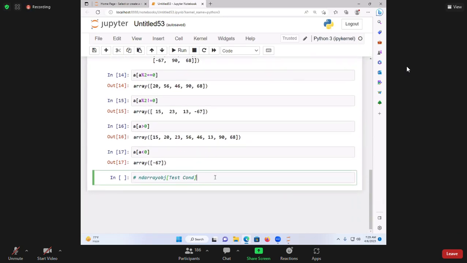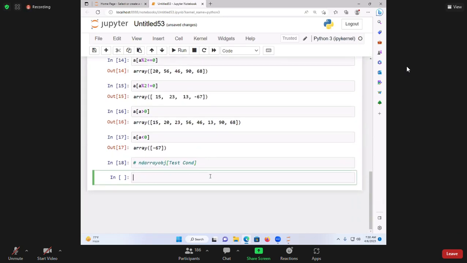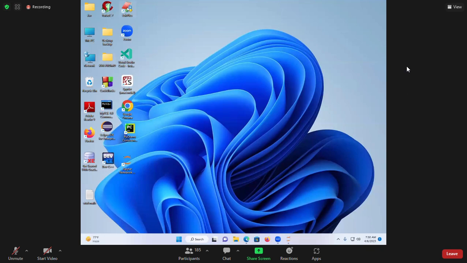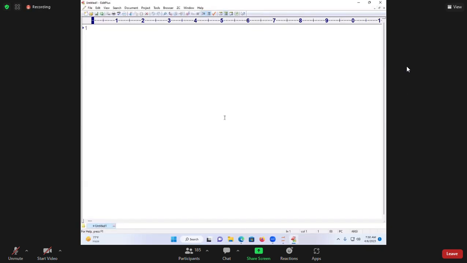Now we are going to enter into another operation: arithmetic operations. That is a topic which was left out, which I was supposed to cover in the last class. So now I am going to talk about two important things today. Arithmetic operations on ND array, which are nothing but matrix operations.